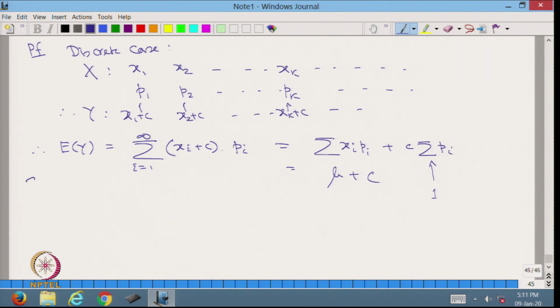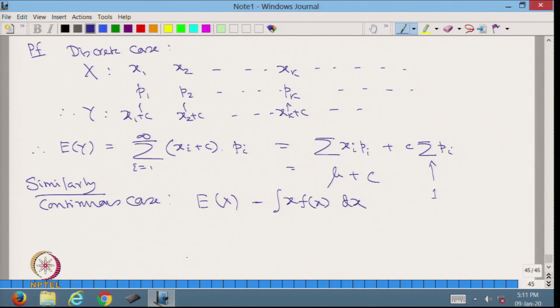Similarly, for the continuous case, expected value of x is equal to the integral of x f x dx.